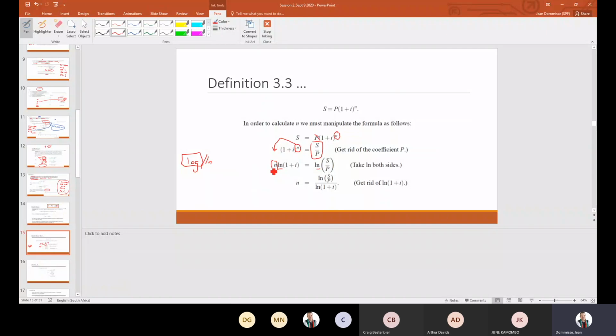We have it as a normal constant variable. Because we have now done ln on both sides, to isolate N I need to divide by ln of 1 plus I. So you would have taken that and divided by the ln of 1 plus I.